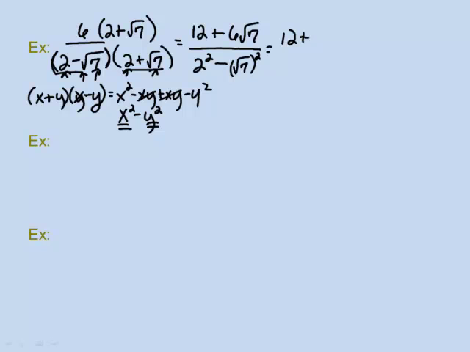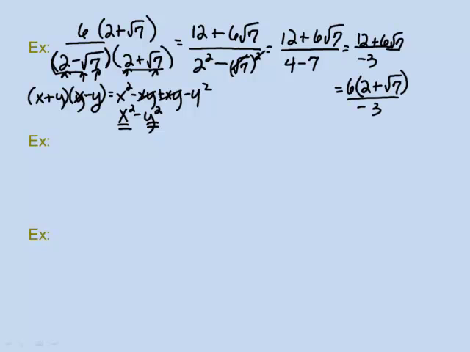So now we've got 12 plus 6 times the square root of 7 over 4 minus 7, because the power cancels out the square root. Power and index match, the radical sign goes. 4 minus 7 is negative 3. So we've got 12 plus 6 square root of 7 over negative 3. Now at this point, we could factor out of our numerator a positive 6, which would leave us with 2 plus the square root of 7 over negative 3.